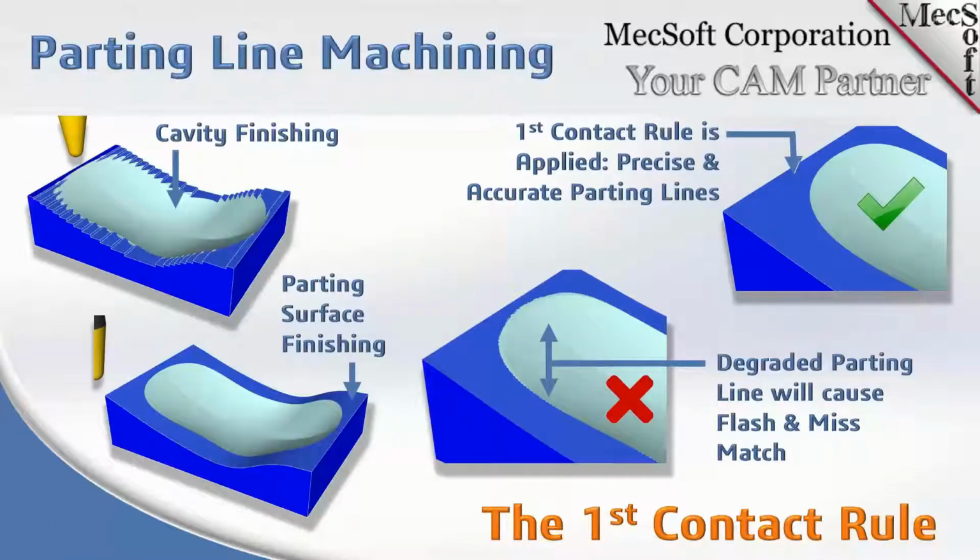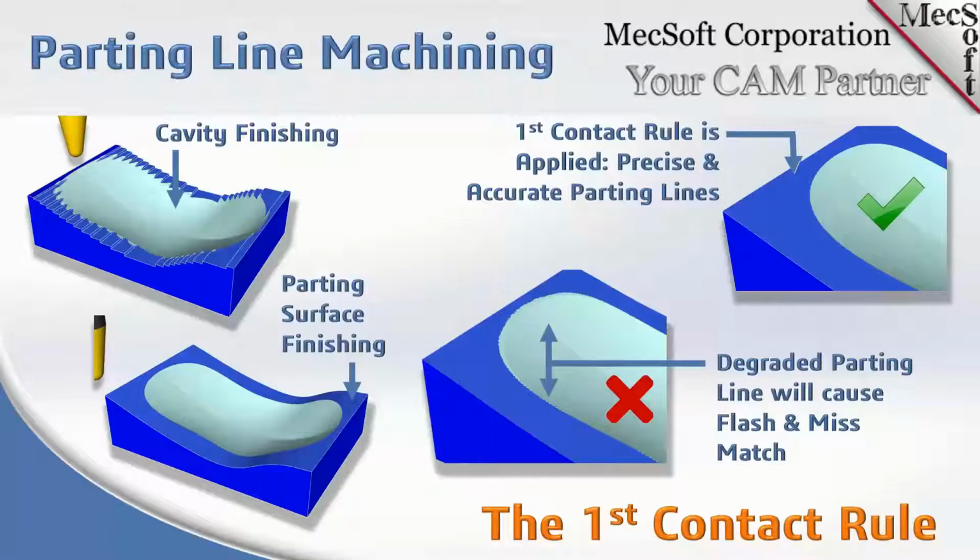Now, we see here after using the first contact rule and not using the first contact rule. On the left, we have the cavity machined out and we have the parting surface machined out. On the right top, you will see the cut material simulation of the cavity, the entire insert with the first contact rule implemented.